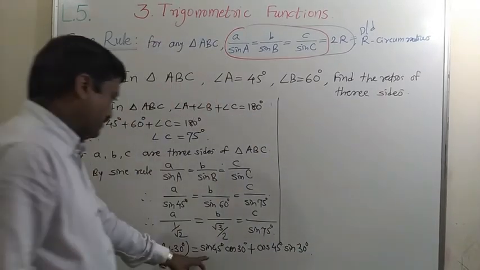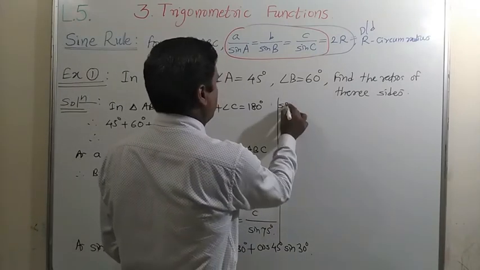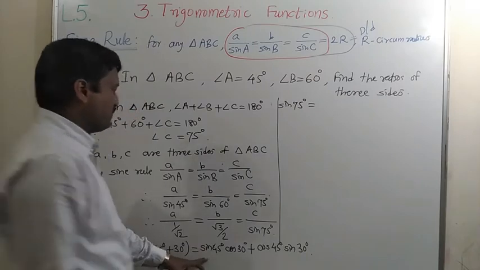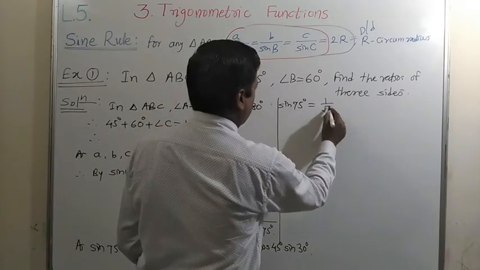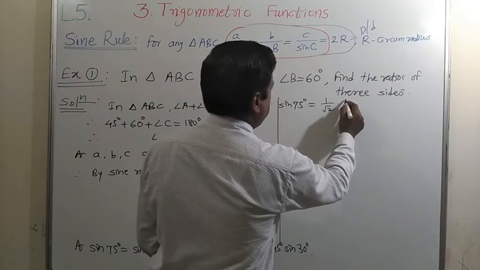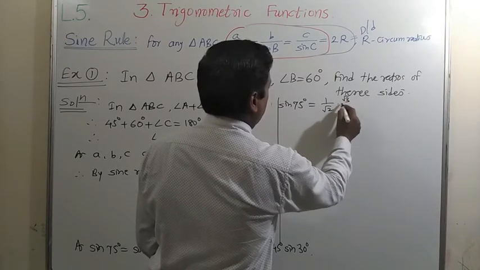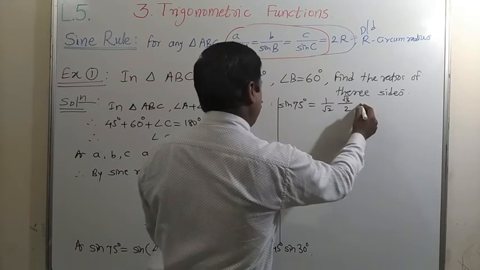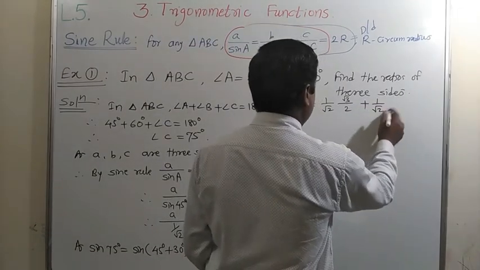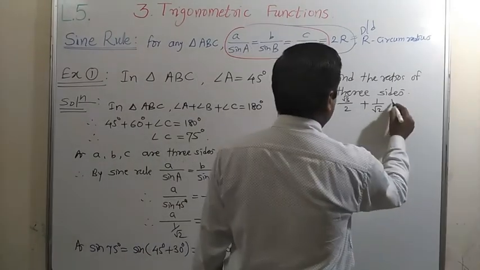Sine 45 is 1 upon root 2, into cos 30 is root 3 upon 2, plus cos 45 is 1 upon root 2 and sine 30 is half.